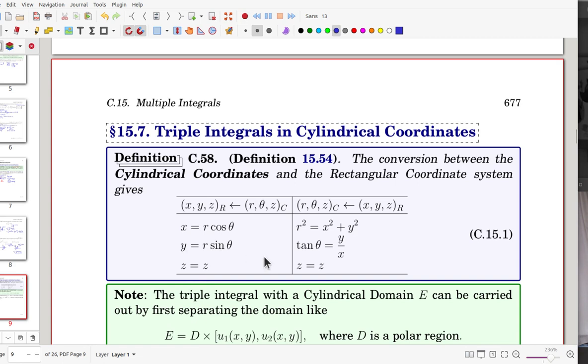There is a formula for converting cylindrical coordinates to rectangular coordinates. x is r cosine theta, y is r sine theta, and z is the same as z. And the other directional transformation can be found along with that. r can be found from this equation. And also we can find theta. Tangent theta is y over x, and z equals z.